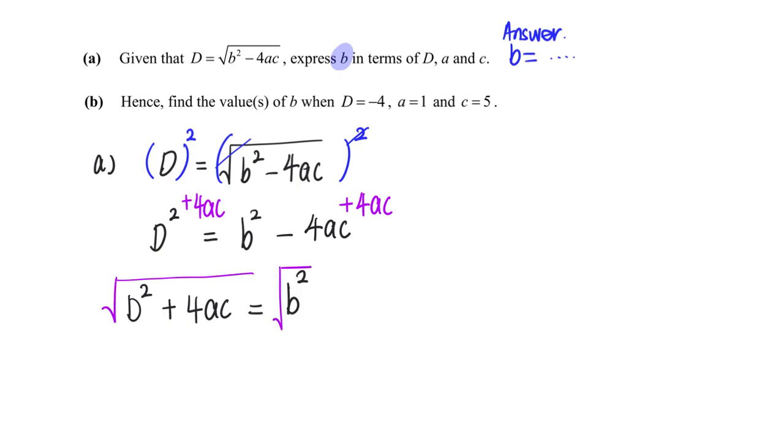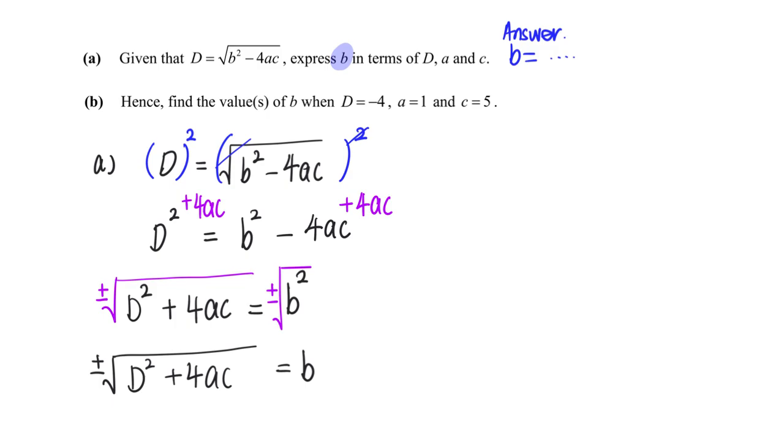However, since I do not know what all these variables, meaning these letters, represent, I will have to consider both the positive and negative roots. And so the final answer will be, from here, you will see that it will have this square root of positive or negative of d squared plus 4ac equals to b.